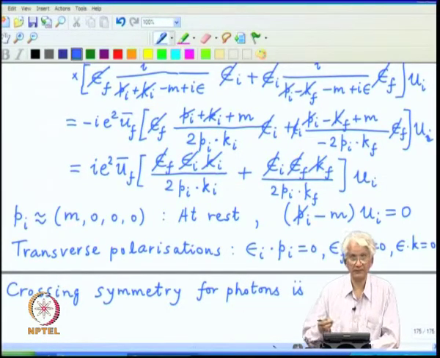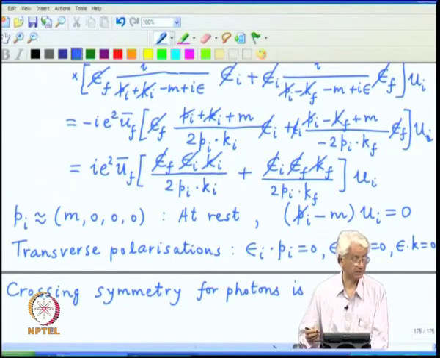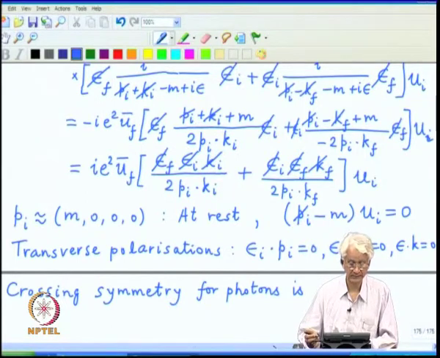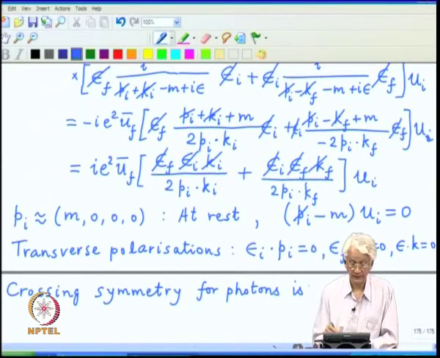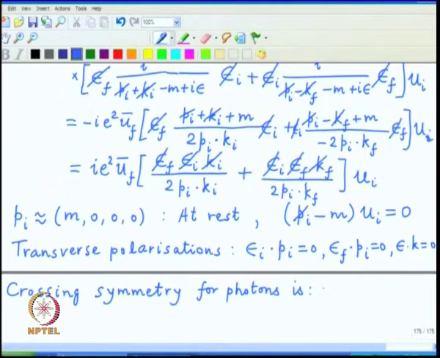And in particular for photons, it is its own antiparticle. There is no distinction between particle and antiparticle. So, one can move them just from one side to the other, and that will interchange k I and epsilon I with k f and epsilon f, with the only change being that the momentum of the photon is reversed.